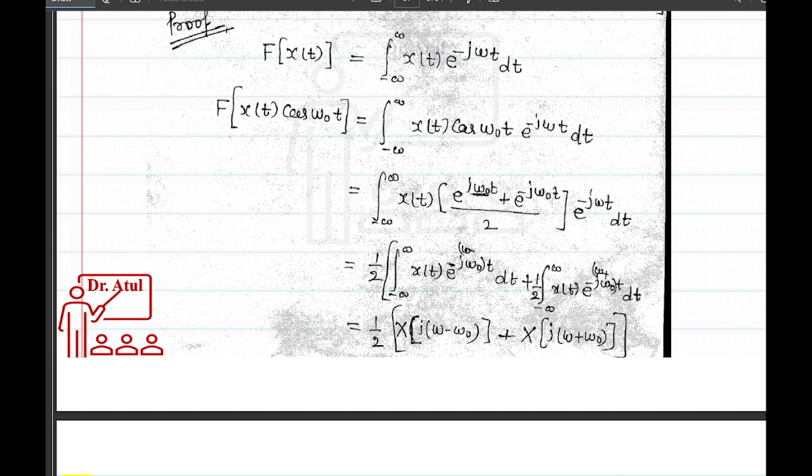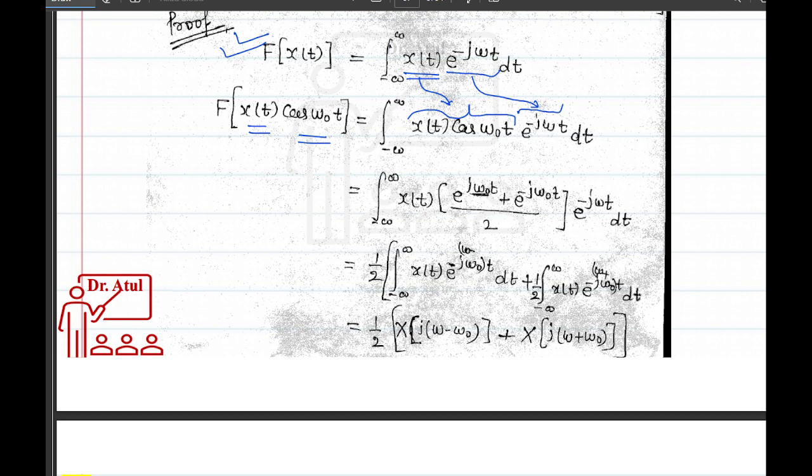This is the equation of Fourier transform. If I multiply x(t) with cos omega naught t, then instead of x(t), it will be x(t) cos omega naught t, and the remaining e to the power minus j omega t will be as it is, dt.